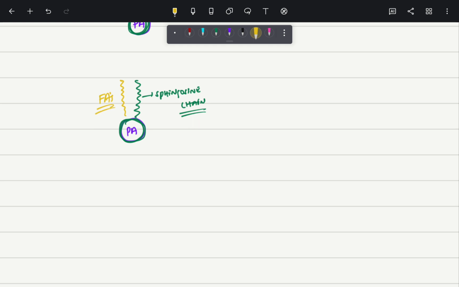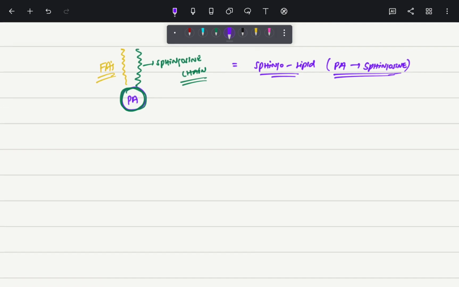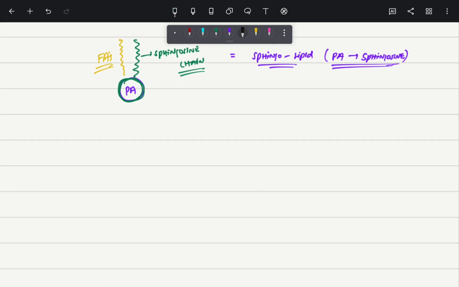I hope you are clear with this term. This is your sphingolipid. There is no phosphate present, or the phosphoric acid is getting esterified into a sphingosine, which is your alcohol. So that is the main thing that is present. That is your sphingomyelin. Okay, sphingolipid.